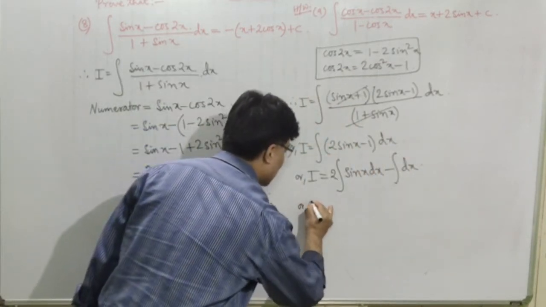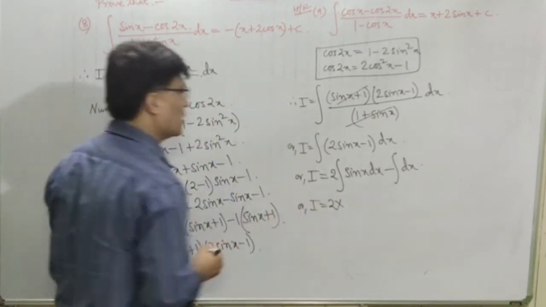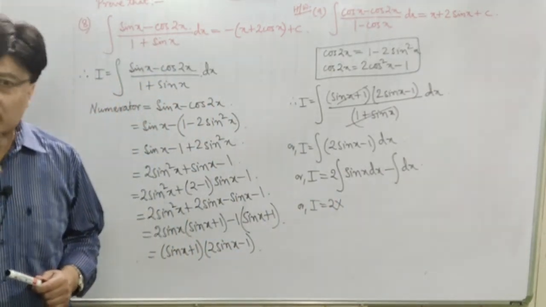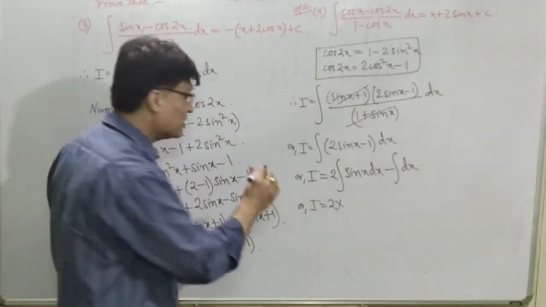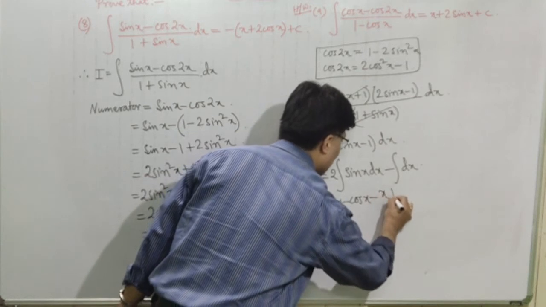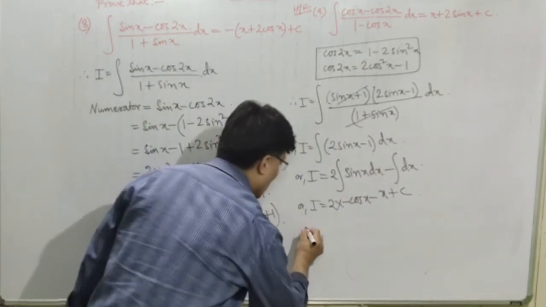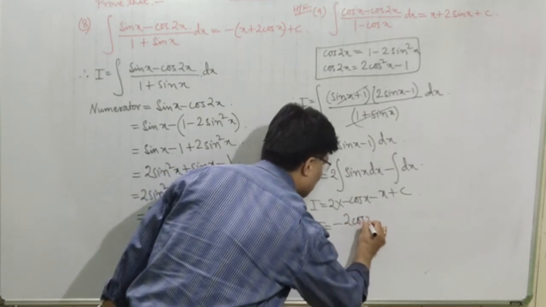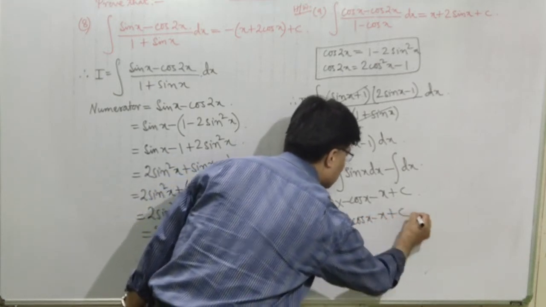So I is equal to 2 into, what is the integration of sin x? That is the differentiation of which function is sin x? Minus cos x, isn't it? It is minus cos x minus x plus c. Or I is equal to minus 2 cos x minus x plus c.